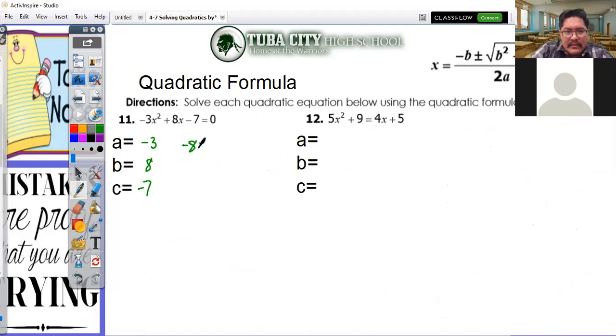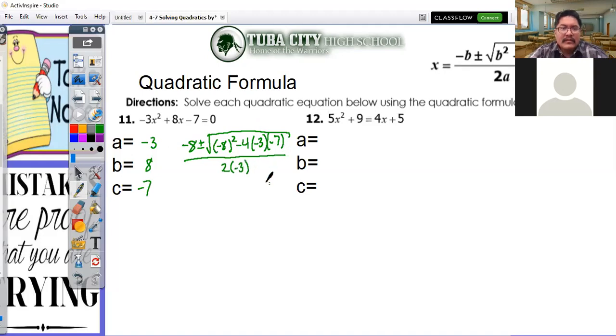Negative 8 plus and minus negative 8 squared minus 4ac, all over 2 times our a value, which in this case is negative 3. There's quite a lot going on, but I don't see anything weird just yet. But I'm going to approach this one with caution because it's kind of weird that they would give us an easy one.